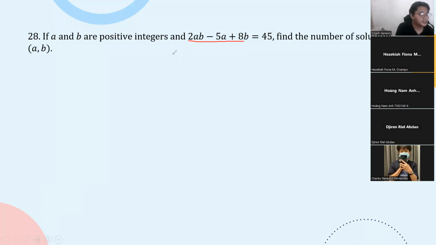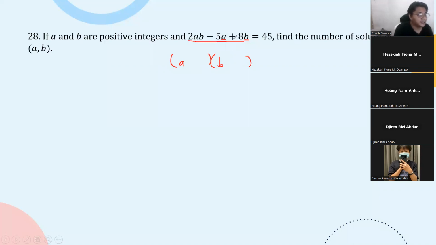Now, the first thing that you must notice is that A and B are separated here, the variables A and B. So that means that you have A and B here. Now the problem that is left is where should you put 2? Because you have 2AB. So should 2 be here or should 2 be here in B?